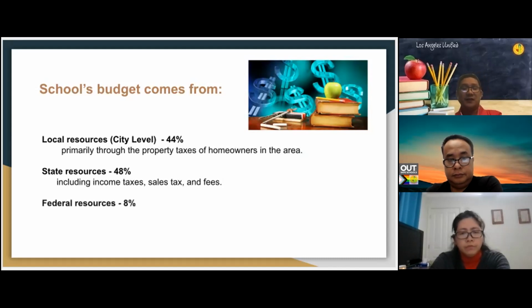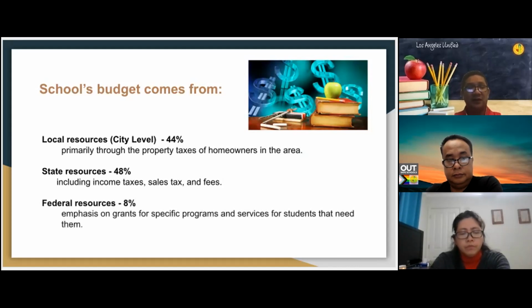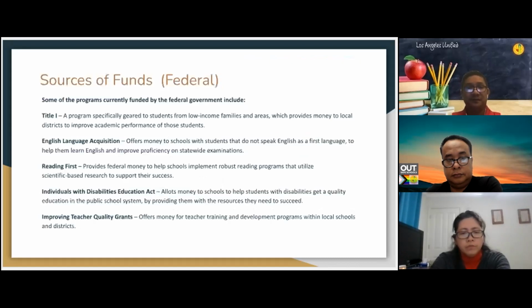The last school fund comes from federal resources, which is only about 8%, and the federal money emphasizes grants for specific programs and services for students that need them.